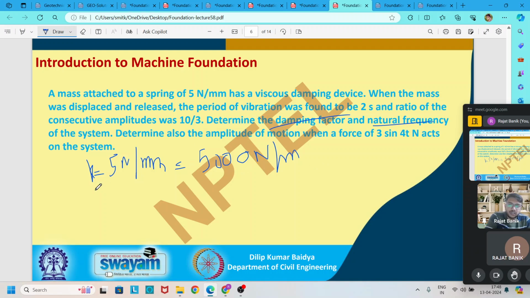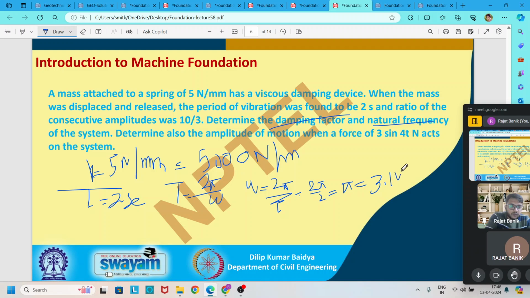Then for the natural frequency, first T is equal to 2 seconds. We know that T is equal to 2 pi by omega, so omega is equal to 2 pi by T. T is here 2 seconds, 2 pi by 2, which is equal to pi. We know that pi is 3.14 radian per second. So we have found the natural frequency.